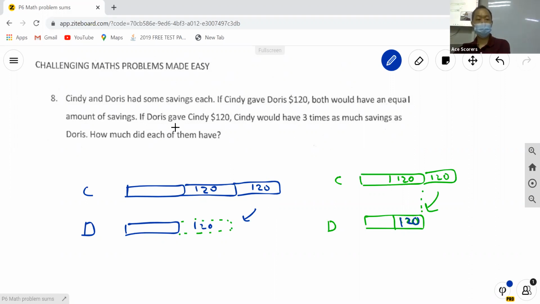If Cindy gave Doris 120, then they have the same. So this one, Doris didn't have this. Right? So let's call this one part. One part. So Doris had one part. And Doris had one part. Cindy gave one part minus.